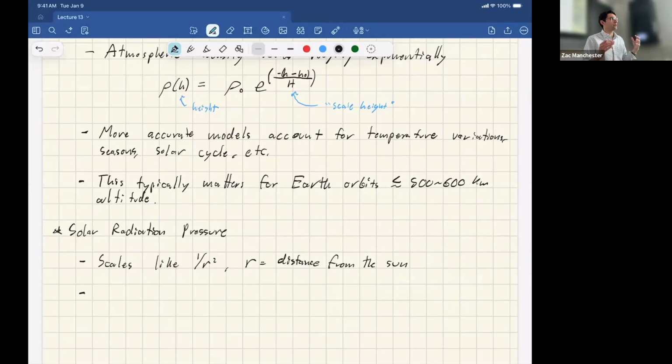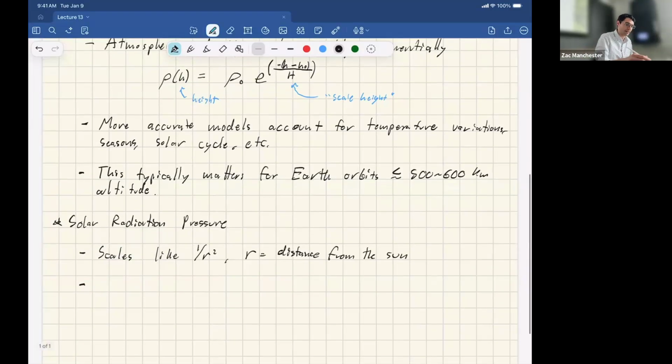So people have looked at photon pressure before. This is actually a weird relativistic, quantum-y thing, but it's straightforward to calculate and pretty intuitive. If you think about the momentum coming from a photon, we'll call this P photon, where P means momentum.